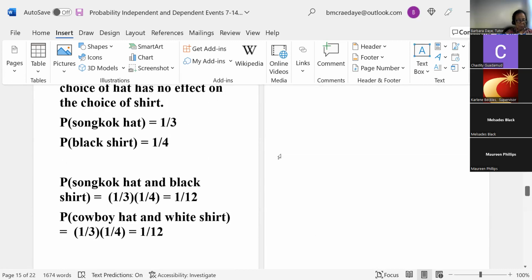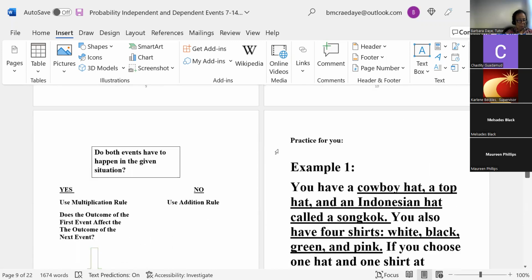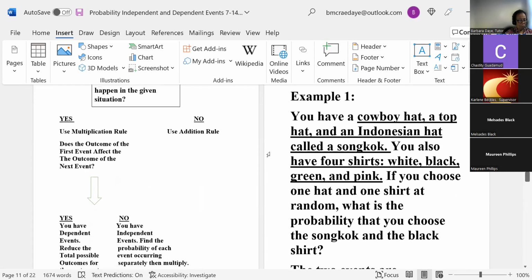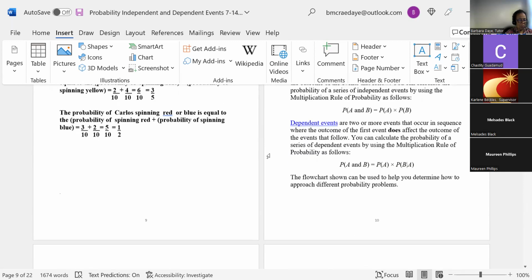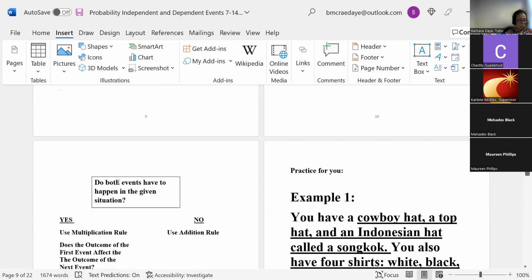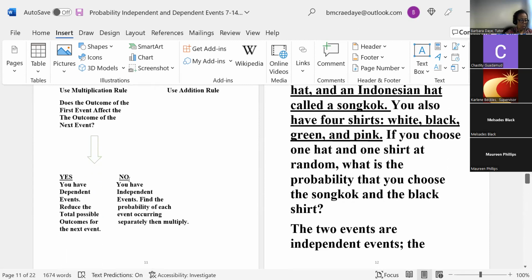Now, if you follow this that I gave you here: do both events have to happen in a given situation? If yes, use the multiplication rule. If no, use the addition rule. If you have dependent events, you're going to have to reduce the total.